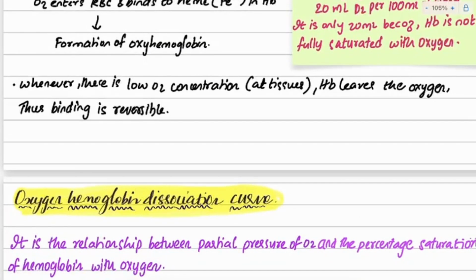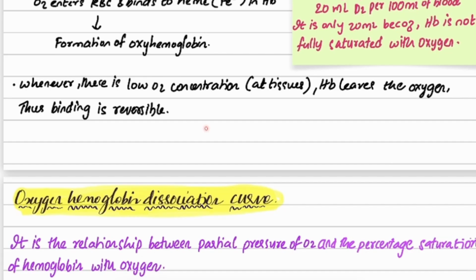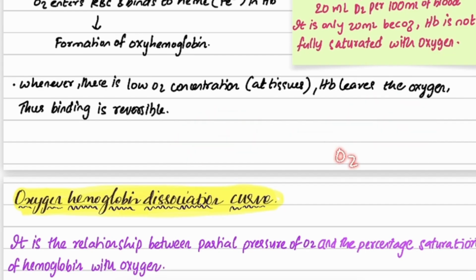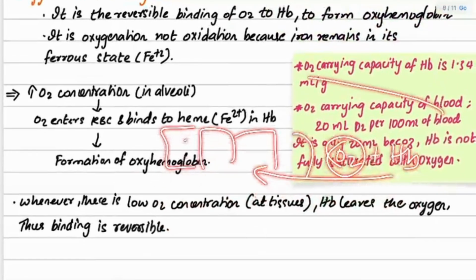Now when there is low concentration at the tissue level, we all know that tissues obviously undergo some metabolic processes, so there will be decreased level of oxygen at the tissues. When there is decreased level of oxygen, this binding is reversible. That is, at the level of tissues, oxygen eliminates itself from the hemoglobin and is supplied to the tissues. That is only written here.